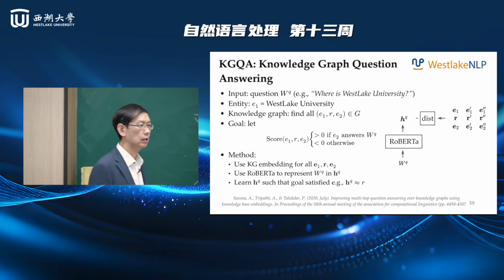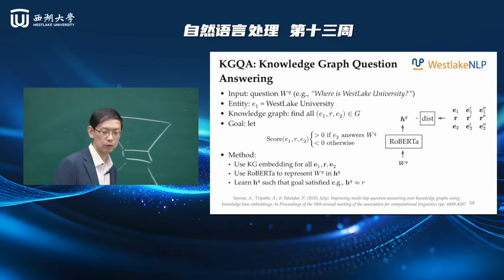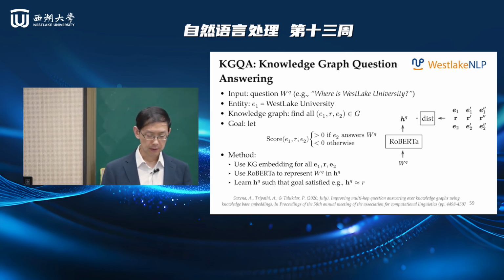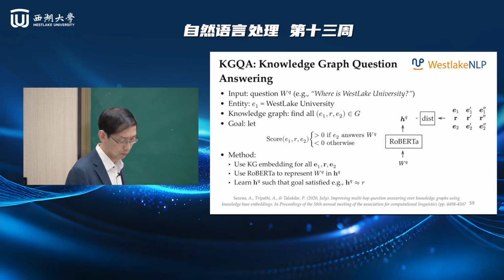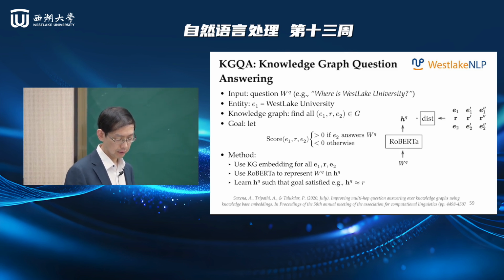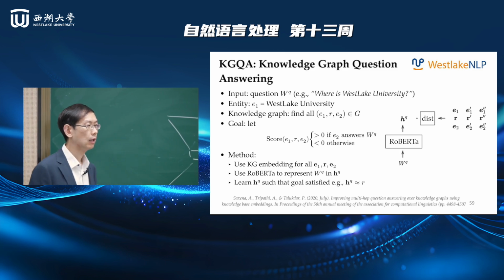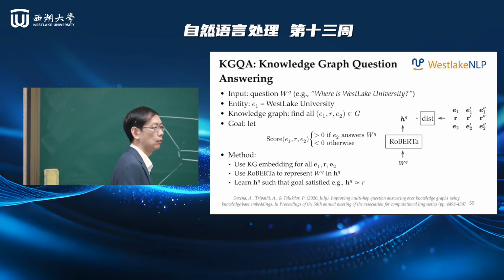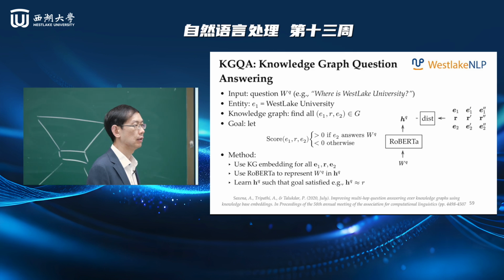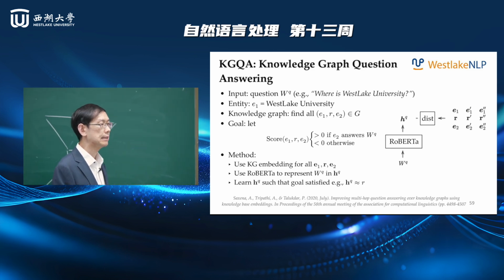And from the knowledge graph, I can find the embeddings of all the triplets. Suppose the question is, where is Westlake University? I have a hidden state for the question, and I know a first entity, which is Westlake University. I can find this entity in the knowledge graph. Let's say it's E1.